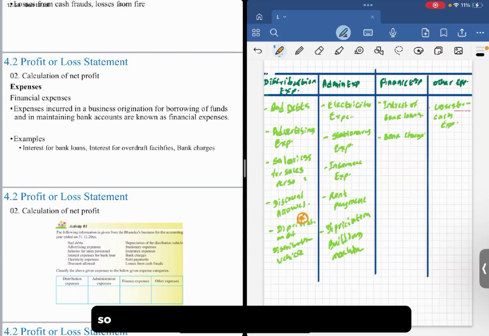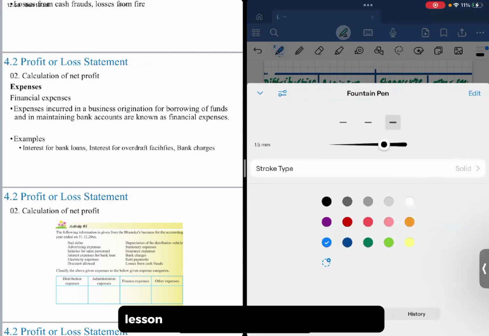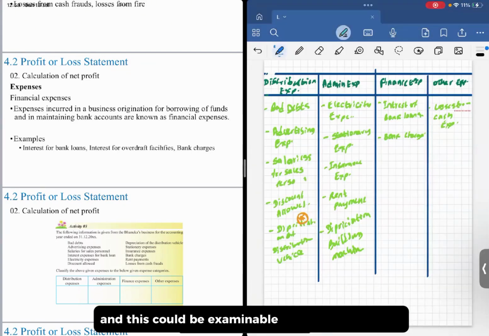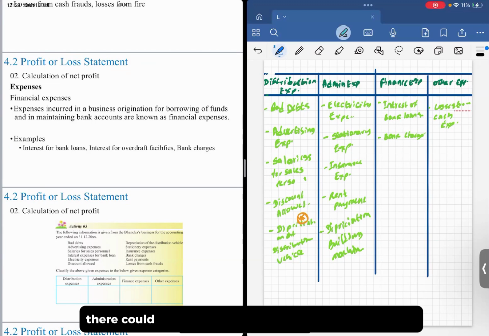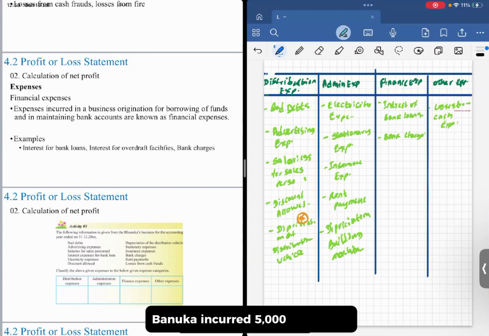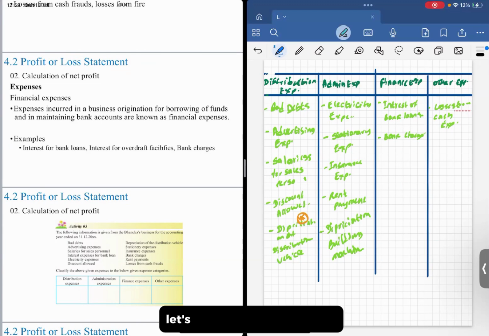So those are the things that you need to remember from the last lesson we did, the different expenses. This could be examinable. Sometimes you might be given an MCQ question. For example, in Banuka's business, Banuka incurred 5,000 rupees for advertising.